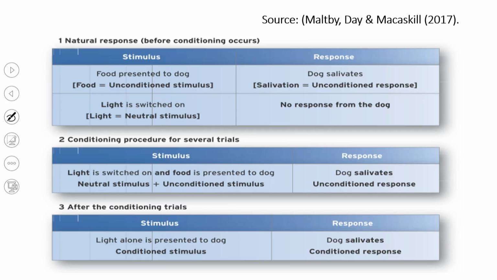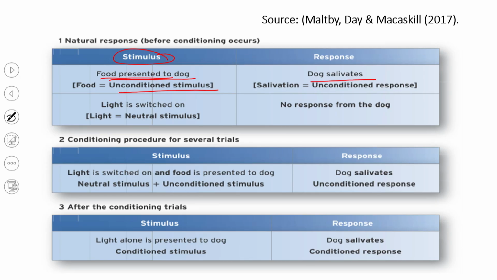Now, these are the steps involved in it. First step, natural response before conditioning happens. So, the same example of the dog, food is presented. What is the stimulus? Food is presented to the dog. So, food is an unconditioned stimulus because what is the response when food is presented?